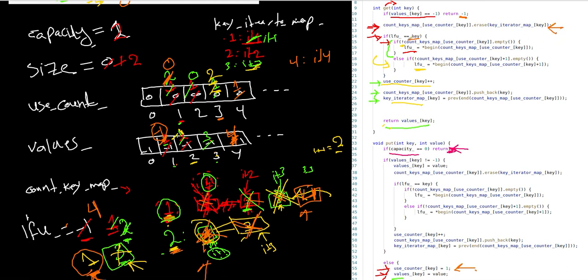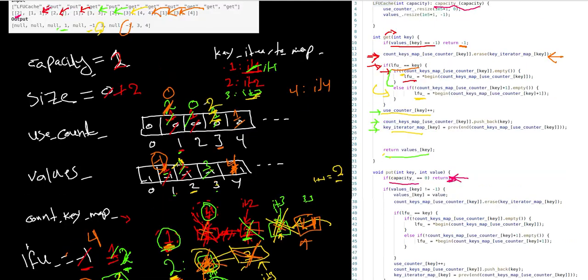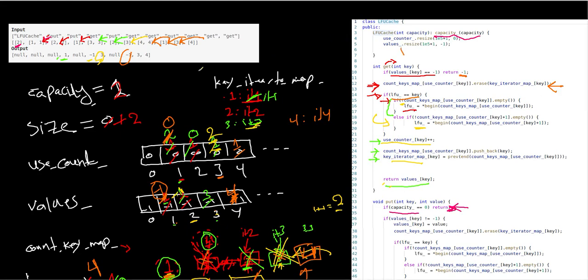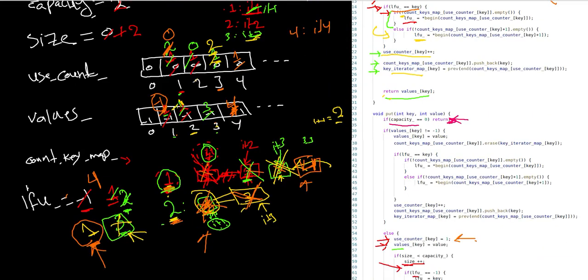Then we need to check if LFU equals key. So our query key is 3, and the LFU equals 4. So LFU is not equal to key, and that means we need to keep it as is.